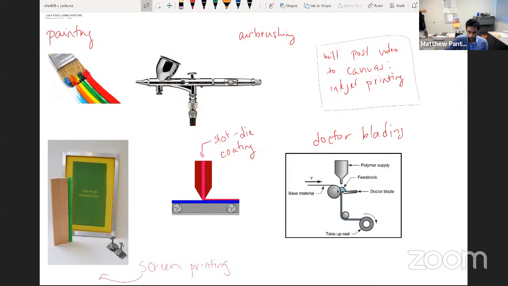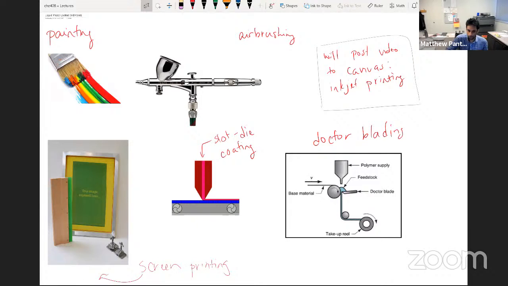Okay. So again, I just wanted to go through some of these briefly. Some of these you're familiar with, some of them you're less familiar with. The other one that is complicated to explain, but I will post a video of, is printing, specifically inkjet and laser printing. Laser printing is not liquid-based, it's a solid-based aerosol of particles. But inkjet printing is liquid-based, and it's actually a very fascinating technique if you look at what's actually happening.